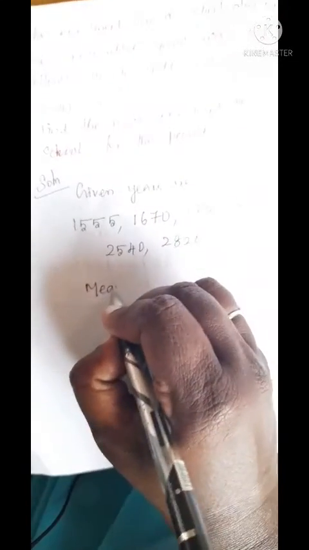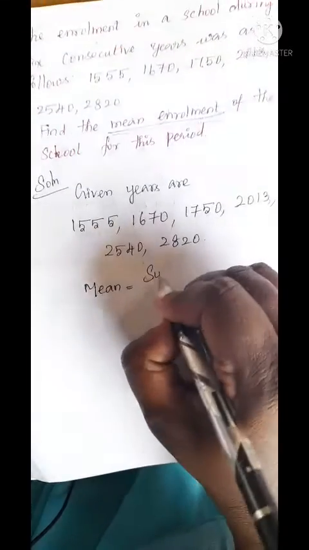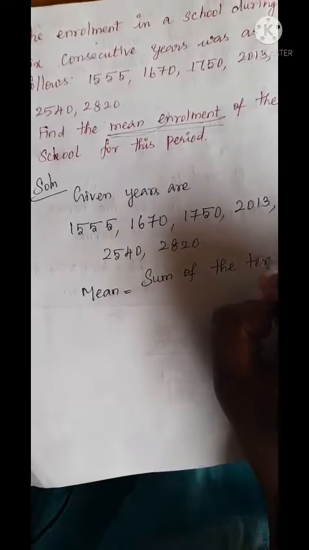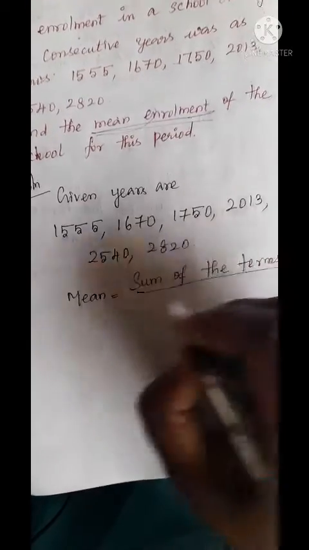Now you need to find the mean enrollment. So mean is equal to the sum of the terms divided by the number of terms.